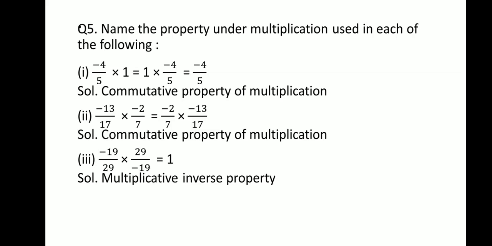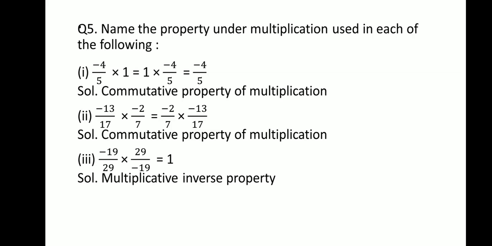Let us review it once again for this question number 5. It is minus 4 over 5 into 1 is equal to 1 into minus 4 over 5 is equal to minus 4 over 5. Here, as the position of the rational numbers has been interchanged, so it will be commutative property of multiplication, or it can be multiplicative identity also.